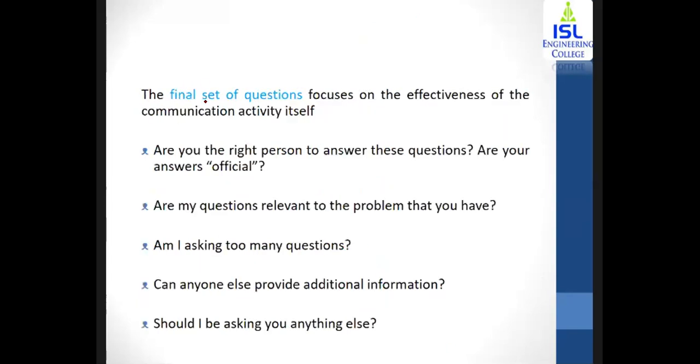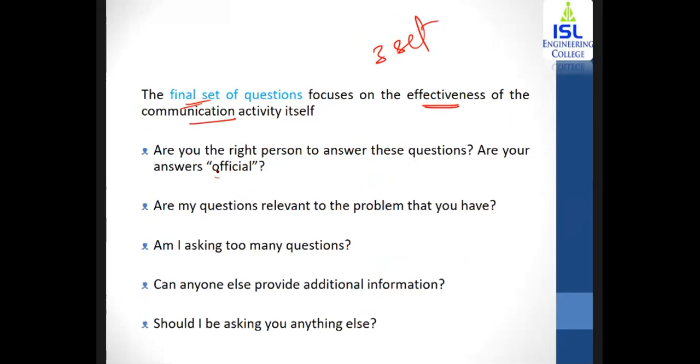Coming on to the final set of questions, the third set. This third set of questions focuses on the effectiveness of communication activity. That is, are you the right person to answer this question? The person that you're communicating with, the end user that has come to you, or the stakeholder that has come to the developer, you're going to identify whether he is the right person to answer the questions.